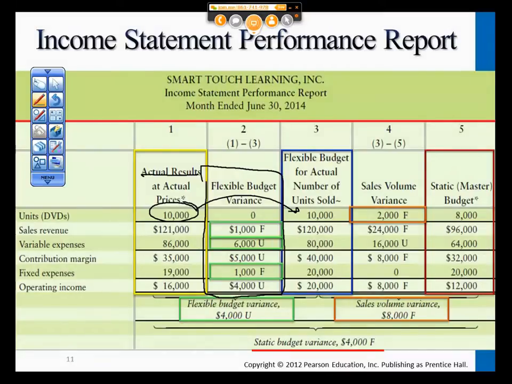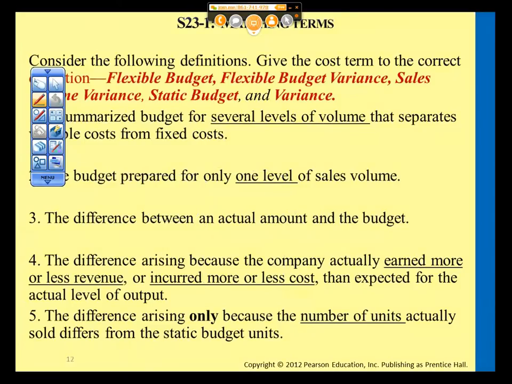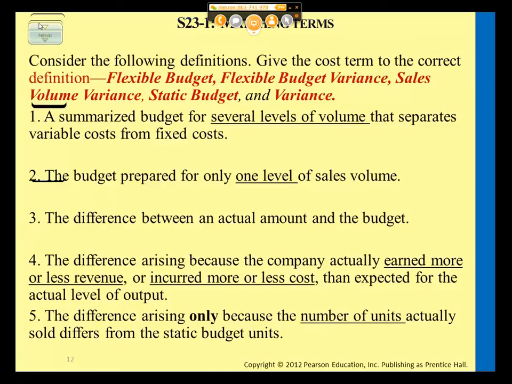Before we do that, let's try to figure out if we are clear on the definitions. So consider the following definitions. Give the cost term to the correct definition: flexible budget variance, sales volume variance, static budget, and variance.